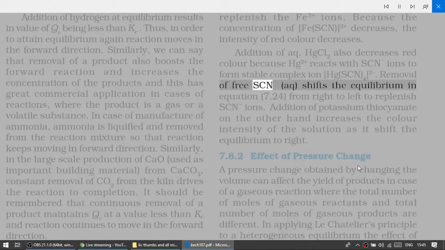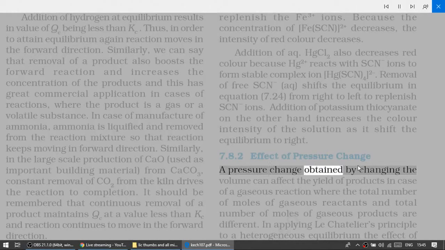Removal of free SCN-(aq) shifts the equilibrium in equation 7.24 from right to left to replenish SCN- ions. Addition of potassium thiocyanate, on the other hand, increases the color intensity of the solution as it shifts the equilibrium to the right.